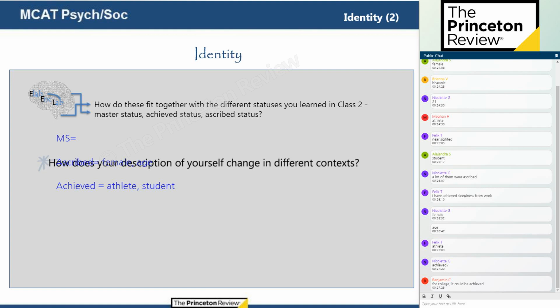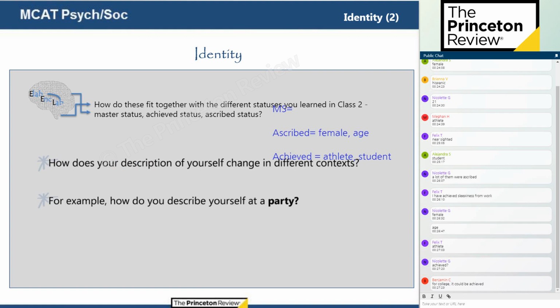Great. Let's see if I can move this. There we go. So how does your description of yourself change in different contexts? Like, how would you describe yourself at a party?